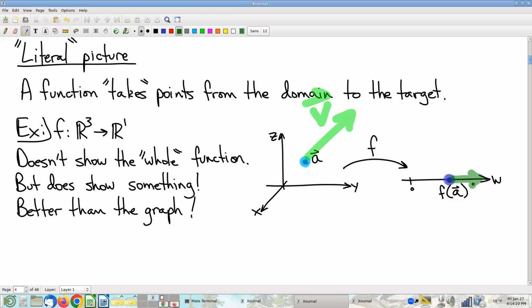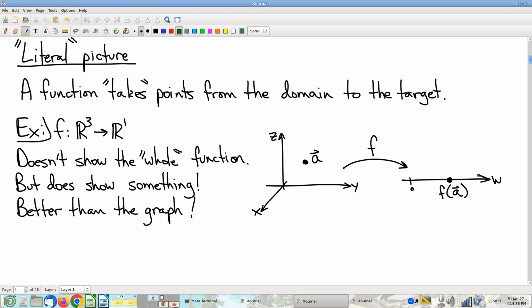It doesn't answer my question for me, but it allows me to represent the question that I'm trying to get my hands on. I can see the point where I'm at, I can see the velocity that represents my motion, and I can see what I'm interested in figuring out, namely how fast this image is moving. So it's useful even if it doesn't show the whole function in some sense. All right?